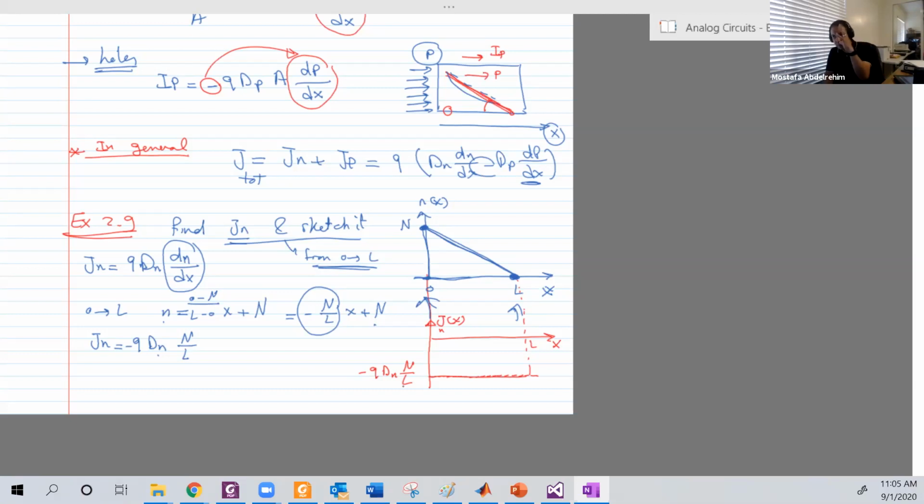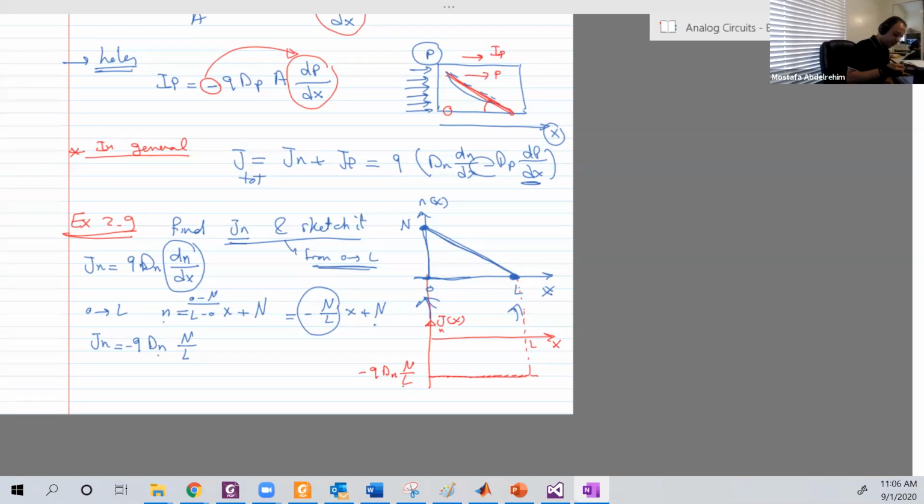Usually when you inject something from one side, not all of them make it to the other side at x equal to L. Some of them will be recombined by holes in the structure. So don't expect constant like this. Okay, good.